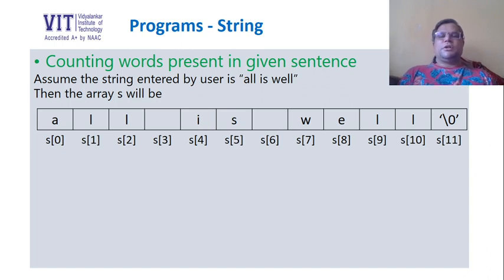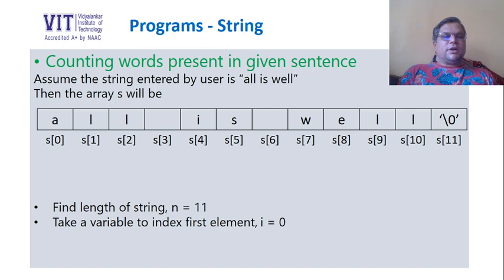So this is the string entered by the user stored into the array S. Now, to count the number of words present in the string, again we'll find the length of the string. Then, the next step is we will take a variable to index the first element, that is i equal to 0. So that index variable i will point to the first element whose value is A.